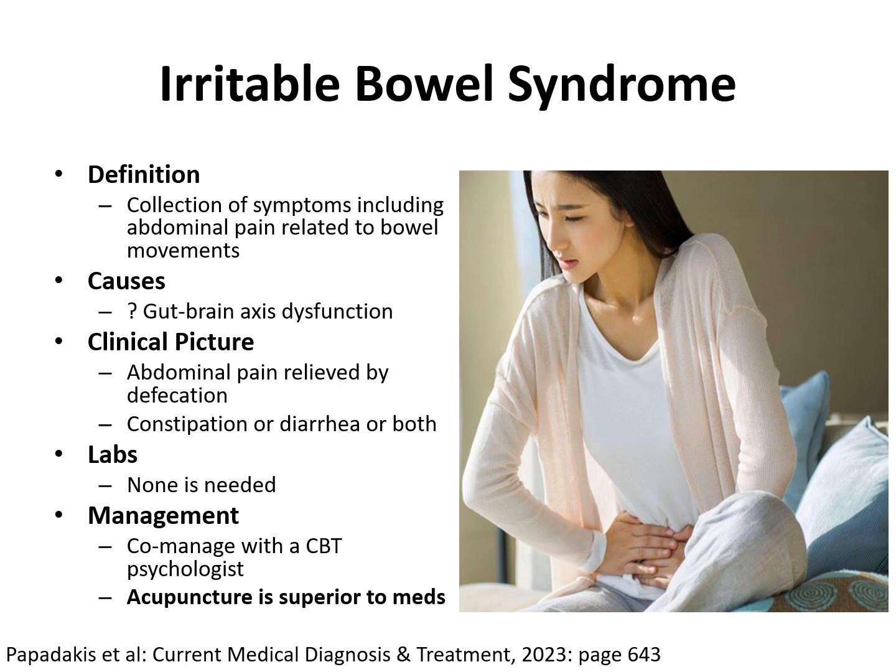So there are three varieties of irritable bowel syndrome depending on what's associated: either constipation or diarrhea or both.